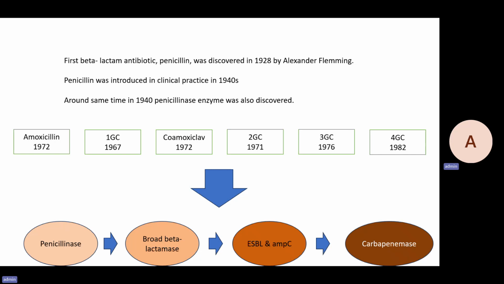However, when we introduced third generation cephalosporin, came the ESBL and AmpC. That was in the 1980s, when third generation cephalosporin was being introduced. Bacteria started producing ESBL and AmpC, and then came the carbapenems, which we will discuss in a different presentation.